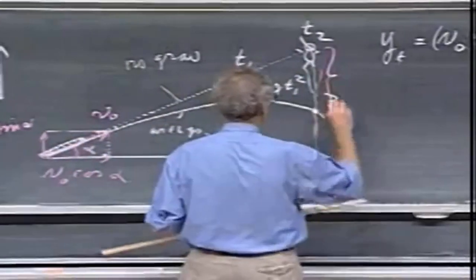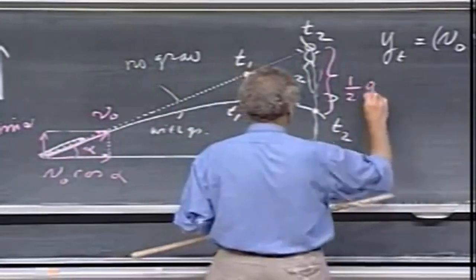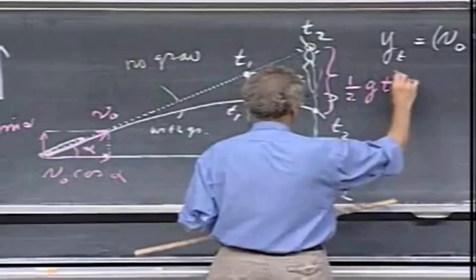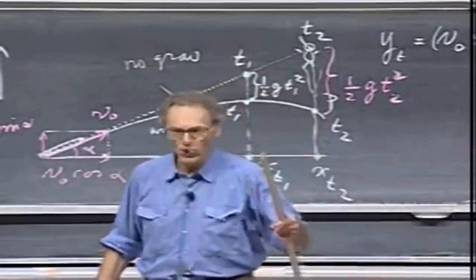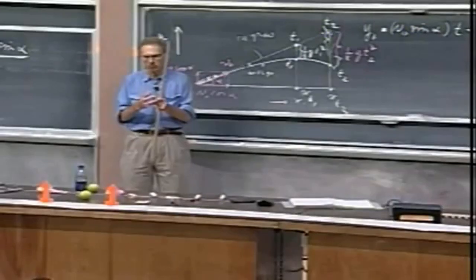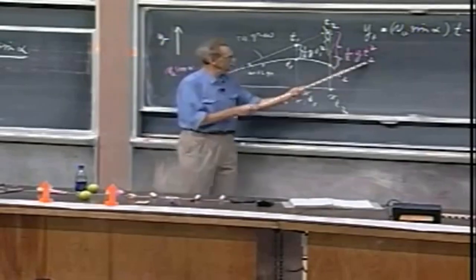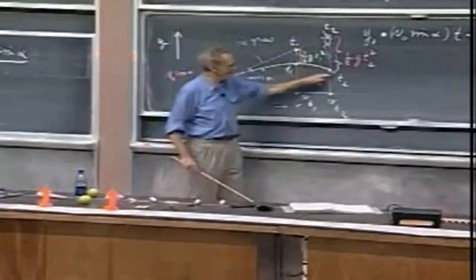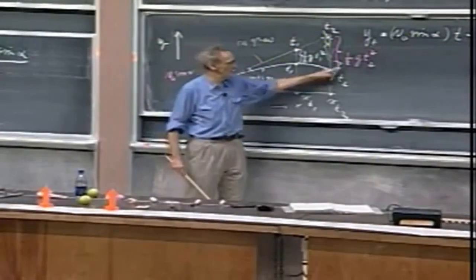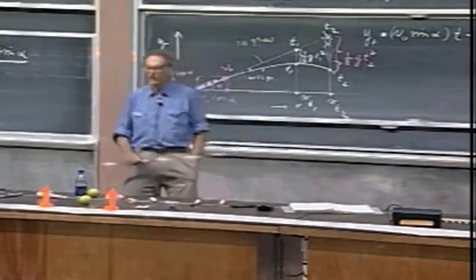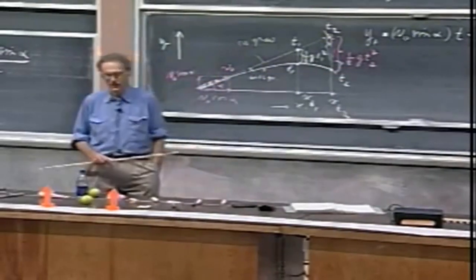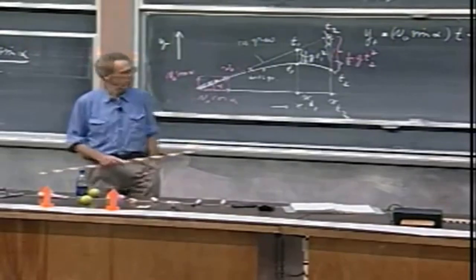This distance equals 1/2 g t2 squared for that same reason. And we all know that if the monkey at time t equals 0 let go, that in t2 seconds it will have fallen exactly over a distance 1/2 g t2 squared. Exactly. This couldn't be more tragic. And he will be killed.